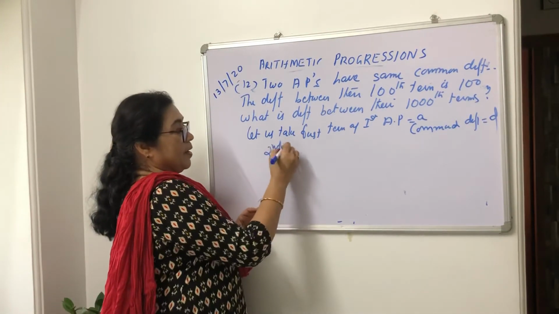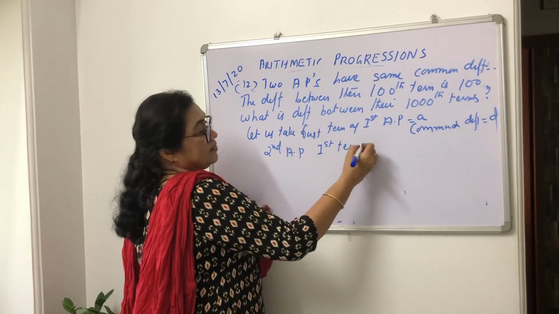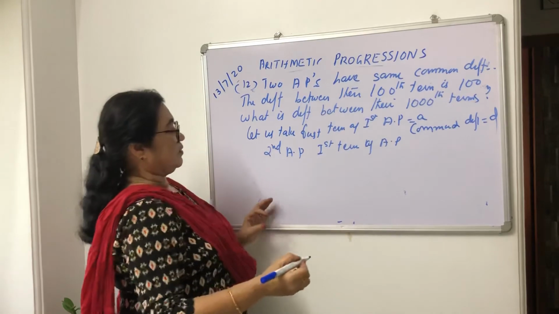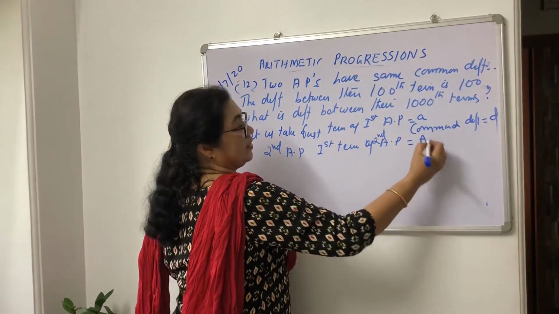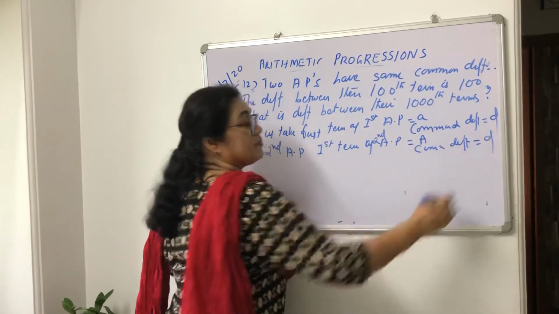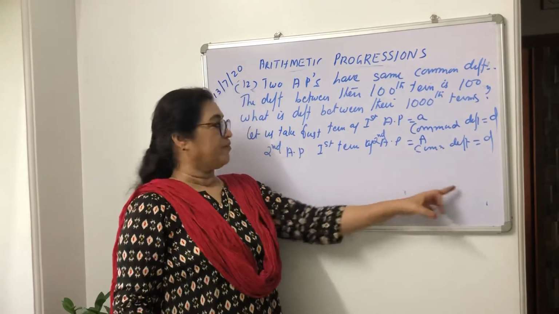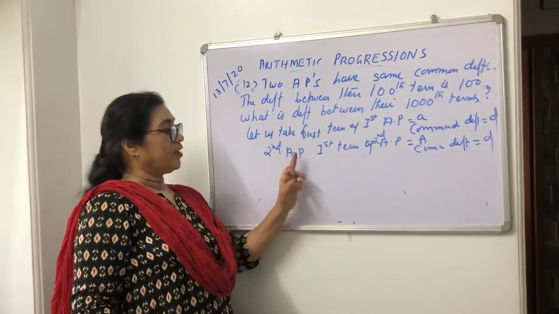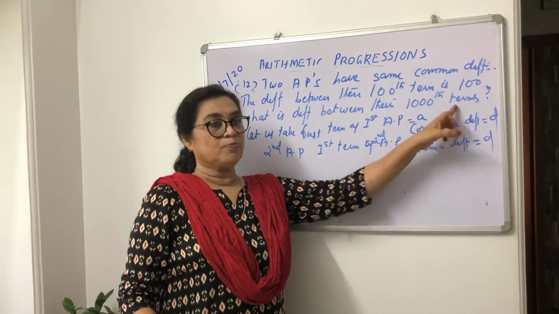For the second AP, the first term is capital A. The common difference is the same, d, because it is given that both the APs have the same common difference. So the first term of the first AP is a, the first term of the second AP is capital A, and the common difference of both is d.